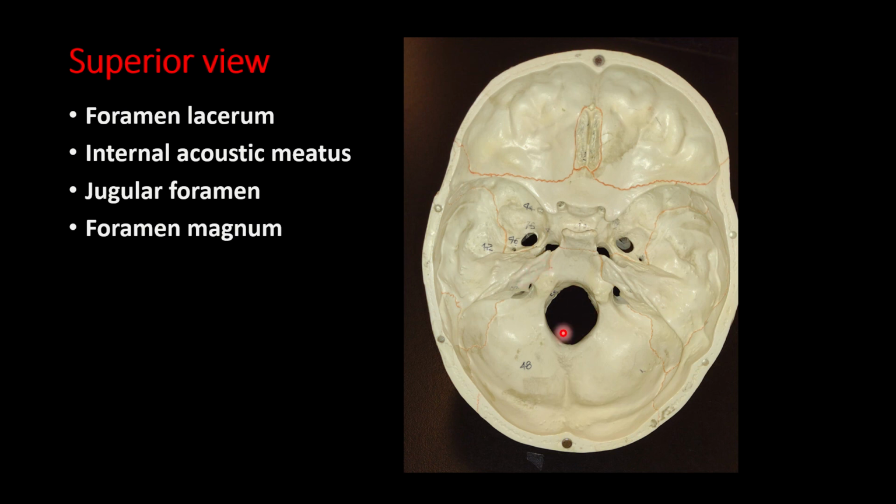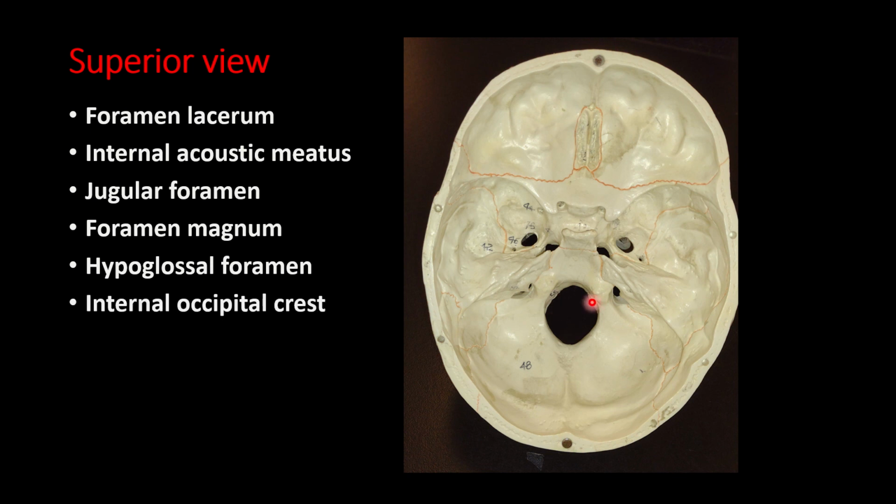Foramen magnum, really big. And inside, you have to find the hypoglossal foramen inside the foramen magnum. Internal occipital crest is this area.